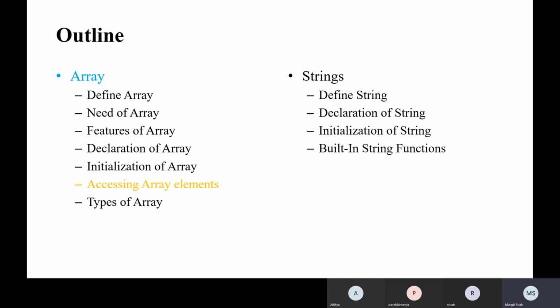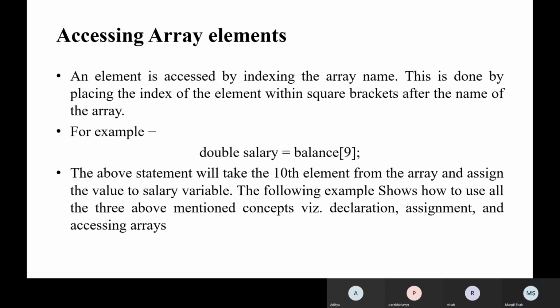Now accessing an array element. An element is accessed by indexing the array name. This is done by placing the index of the element within square brackets after the name of the array. For example, double salary is equal to balance of 9.